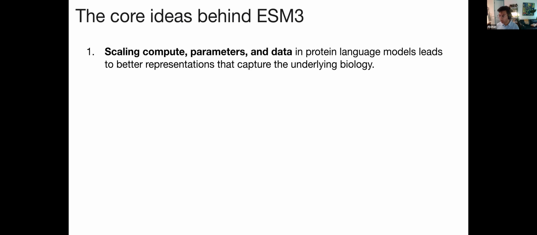We've explored metagenomic data for many years and have generally found that model performance decreases when you add it. When we finally looked at this again for ESM3, we realized there's a crossover point: once you have enough parameters and enough compute in your model, the introduction of metagenomic data starts to increase the performance of these models. So this is a key part of ESM3 and of the philosophy of the team as a whole.